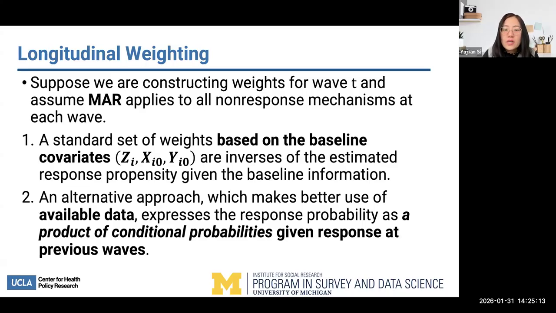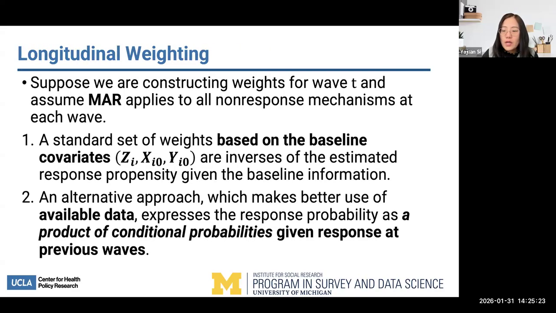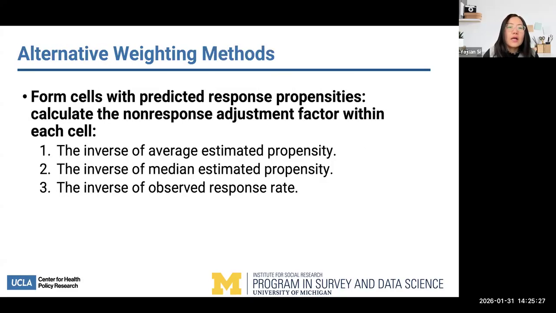If they are not there in the previous wave, then we cannot get this conditional probability. So this is a better option for a monotone missing data pattern.